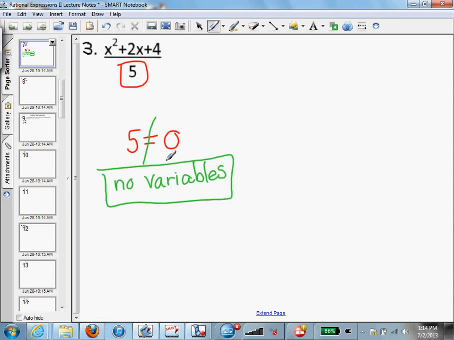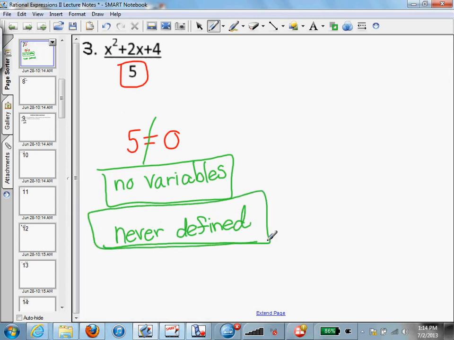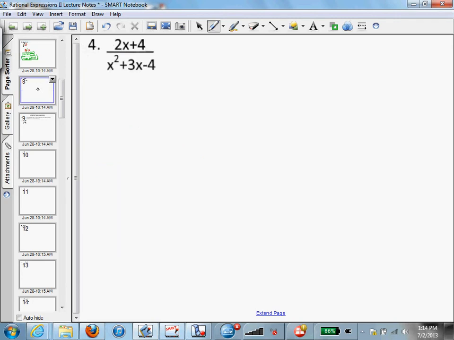It does not. So there is no number that will make the fraction undefined. This is never undefined. That is the answer for this problem. Nothing will ever make that rational expression undefined.